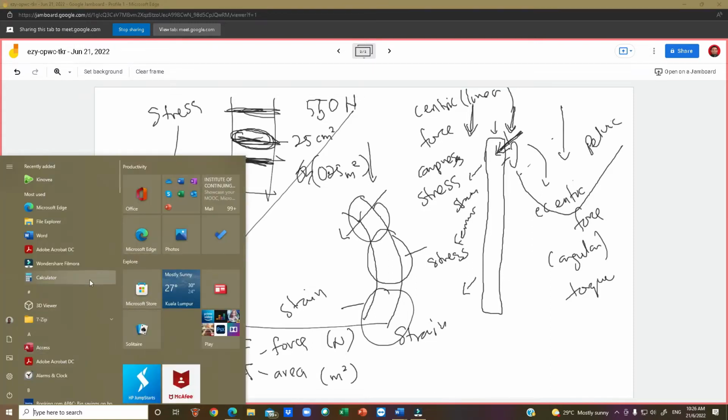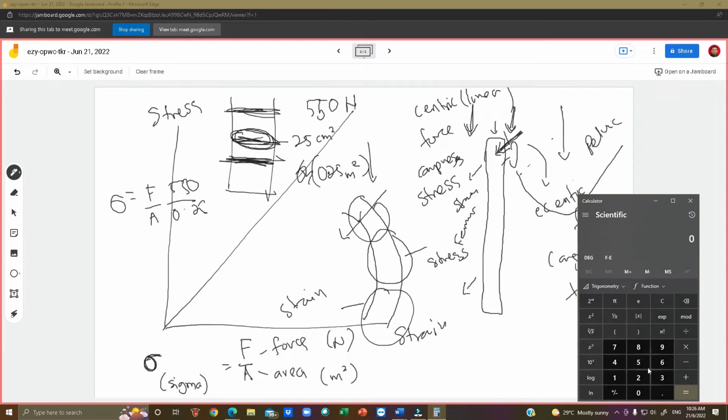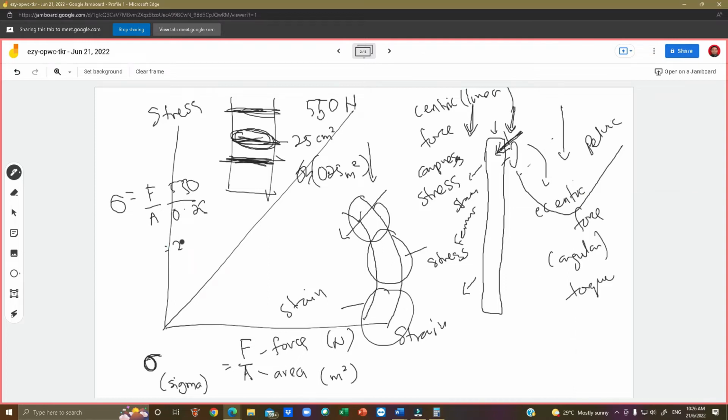Apa kita dapat ini? 550 over 0.25, 2,200 Newton per meter square.